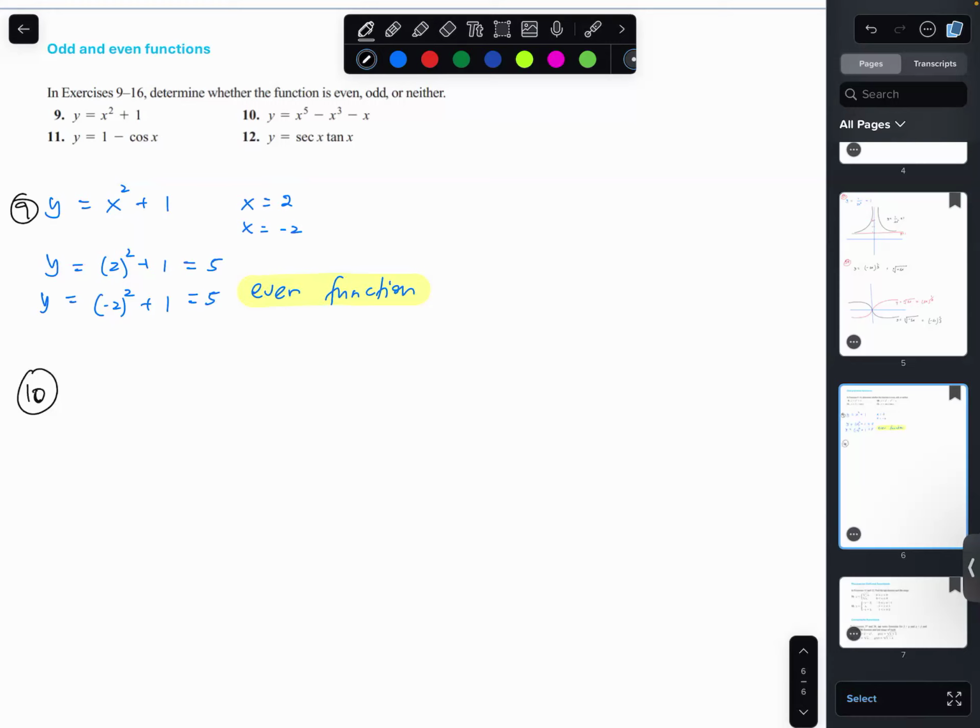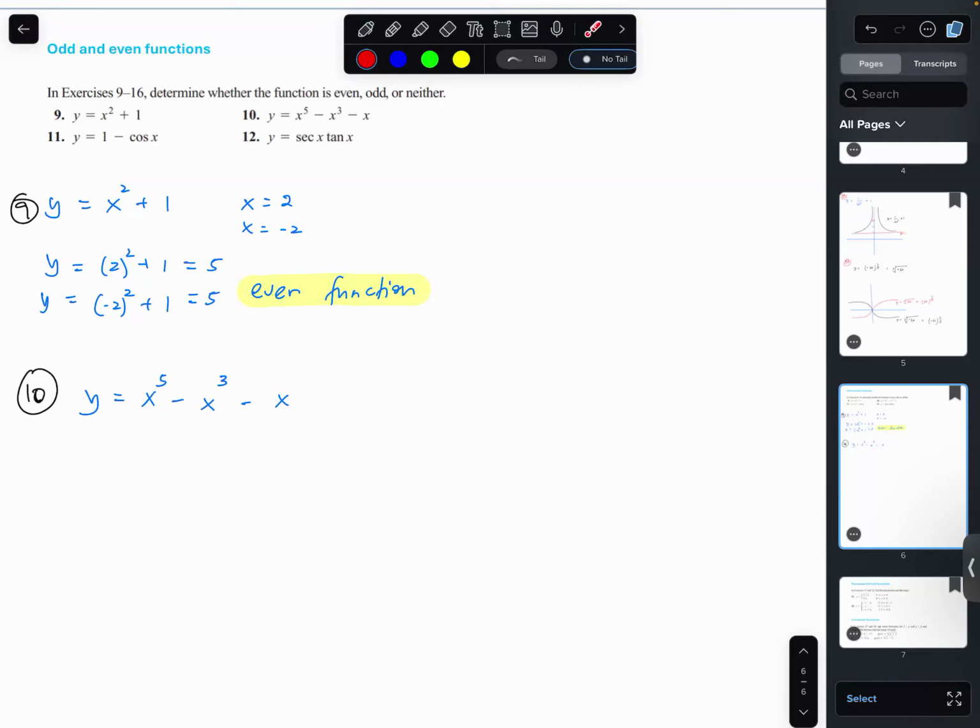Number 10, we have y equals x to the 5 minus x cubed minus x. Because all the powers in this polynomial are odd integers, this is an odd function.